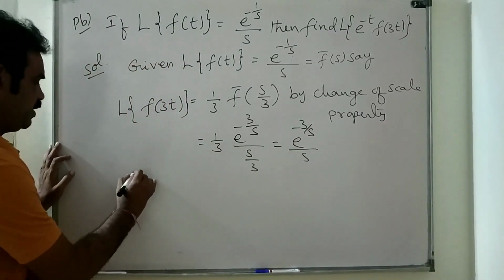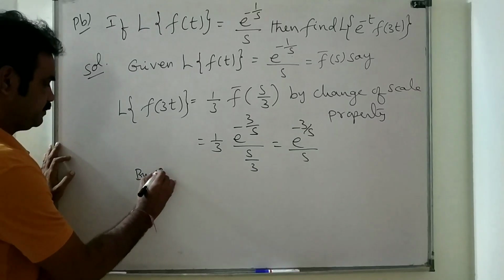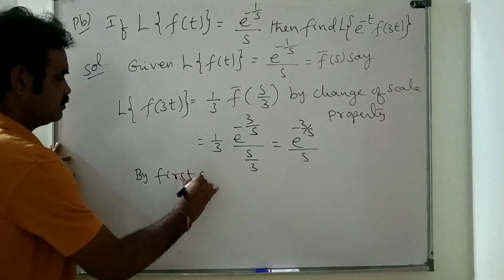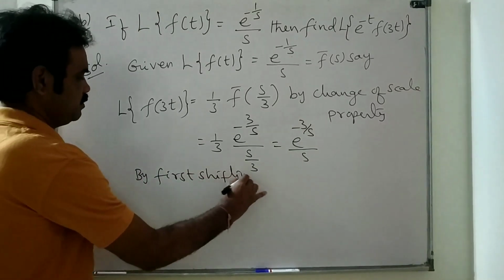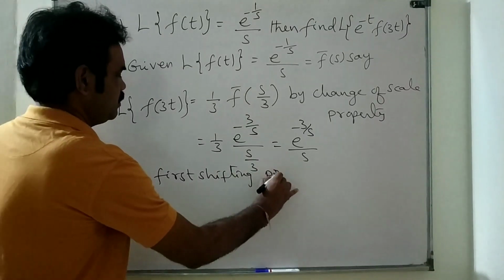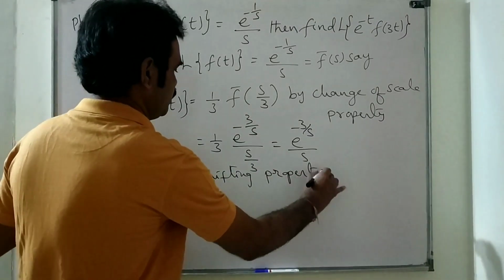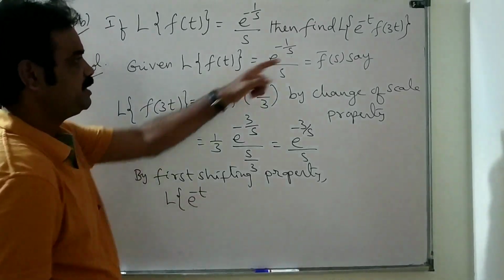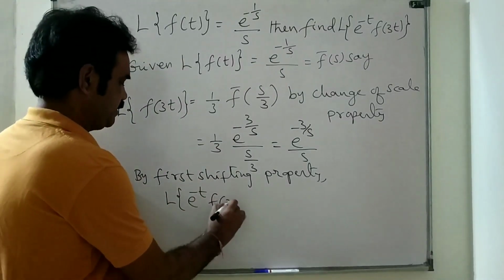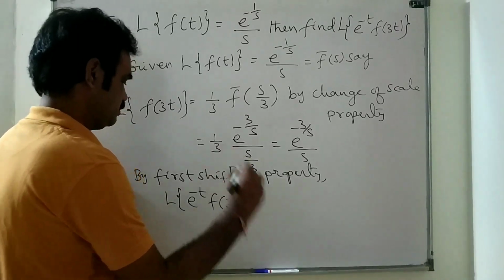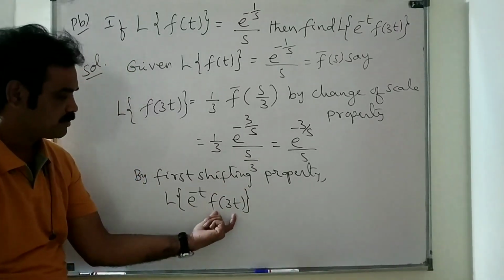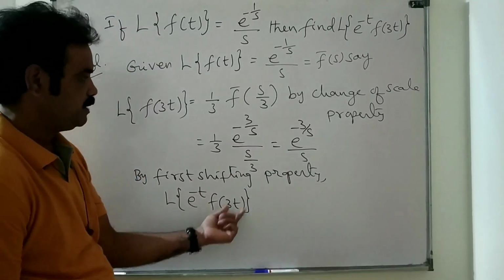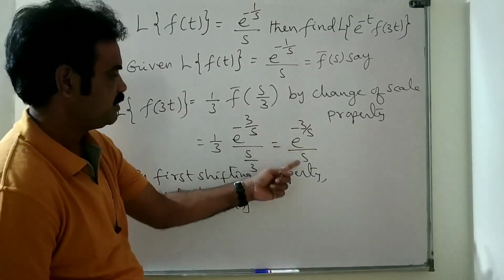So now by first shifting property, L of e power minus t into f of 3t. Already we found the Laplace transform of f of 3t, that is e power minus 3 by s by s.